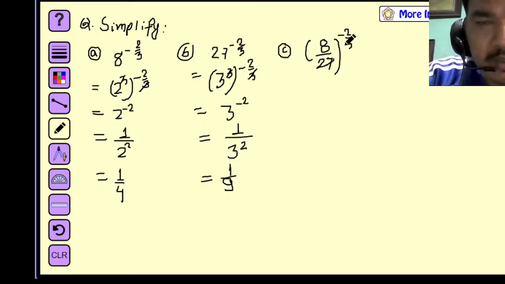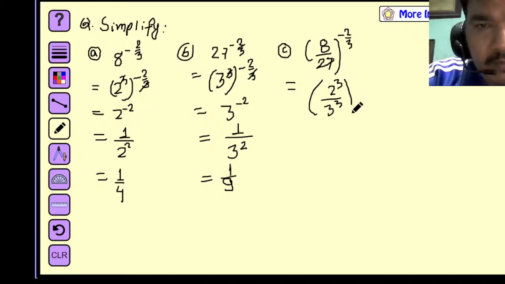If a question like this is given, what will you do? Right here 2 cube, and down here 3 cube, and the power is minus 2 by 3.